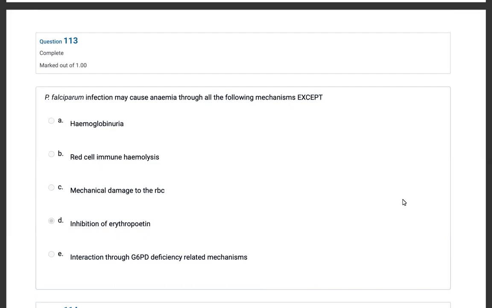Rather than inhibition of erythropoietin, what happens in malaria or even leishmania is that they lead to cytokines that lead to the depression of the bone marrow, rather than inhibition or targeting of erythropoietin itself. So choice D will be the wrong answer here.